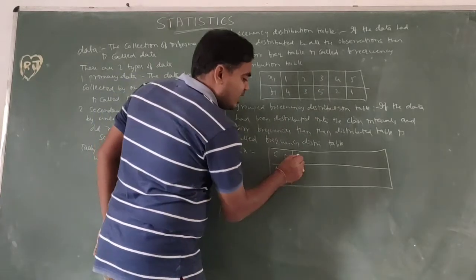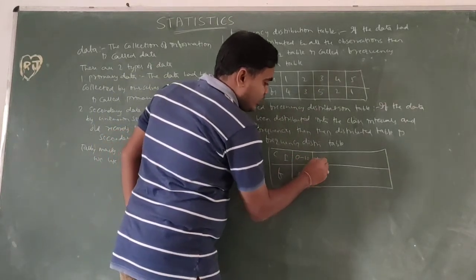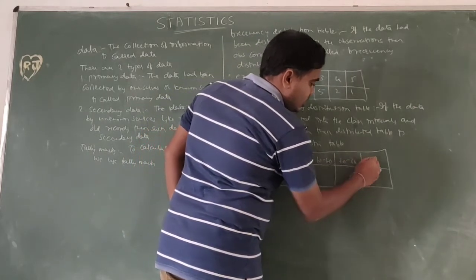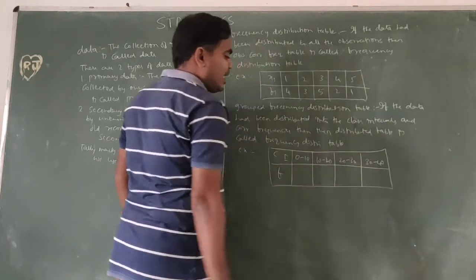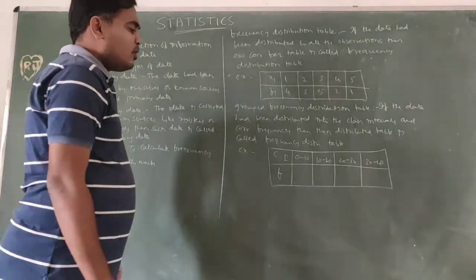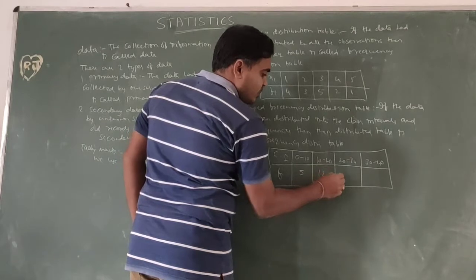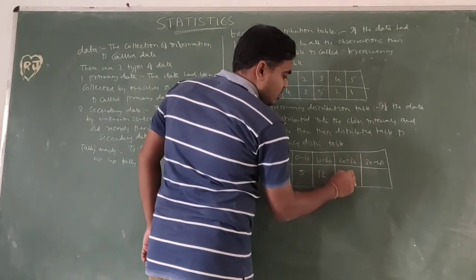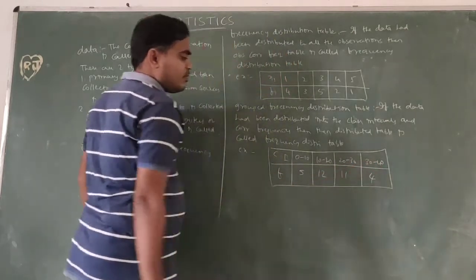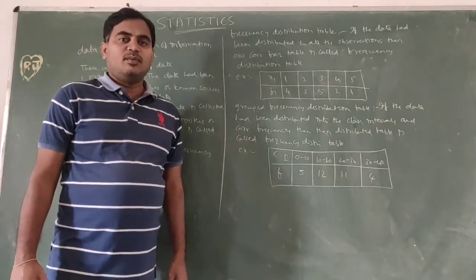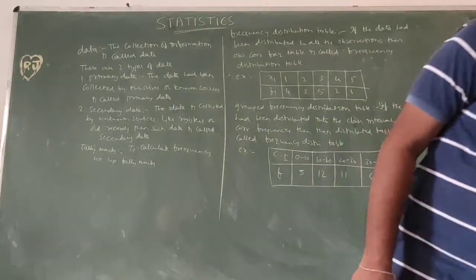If we take 0 to 10, 10 to 20, 20 to 30, 30 to 40, these are the class intervals. So 0 to 10 has 5 members, 10 to 20 has 12 members, this has 11 members, this has 4 members. This is called a grouped frequency distribution table. Okay, next.